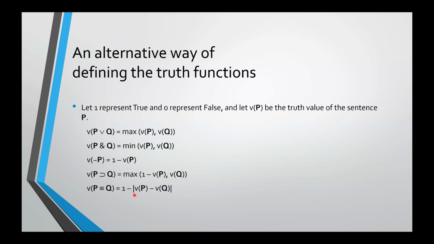So what we do is we take the absolute value of their difference. If they have different truth values, then that's going to be one. And if they have the same truth value, that's going to be zero. That's the reverse of what we want. So we just subtract that from one. Then we'll end up with one if the difference between their truth values is zero, and it will be zero if the difference between the truth values is one. So that's an alternative way of thinking about how the truth functions in SL work.